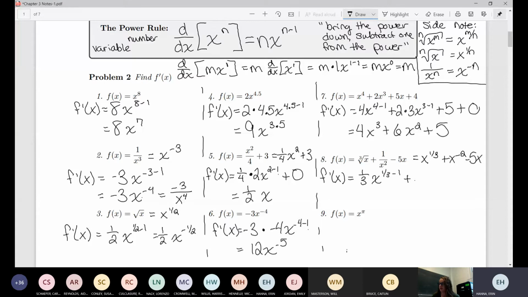Add that to the derivative of x to the -2, bring the power down, subtract 1 from the power. Subtract the derivative of 5x, which is just 5. Simplify it down a tiny little bit. 1/3 x to the -2/3 minus 2x to the -3rd minus 5.